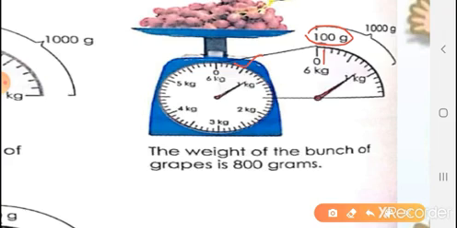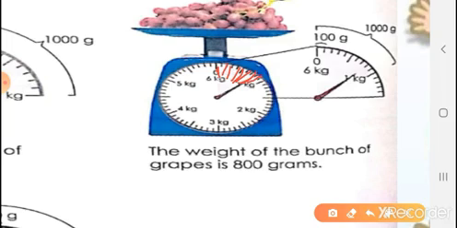So here you can see that we have our needle pointing at this one. So let's count till here. Each interval stands for 100. So 100, 200, 300, 400, 500, 600, 700 and 800.